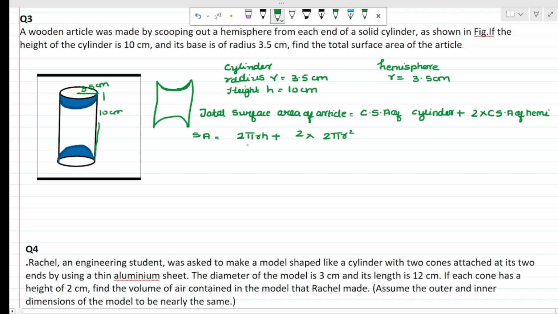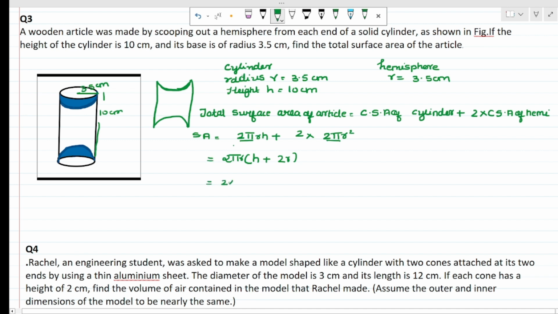Now what is common? 2 pi r is common. Taking it out, you are left with h plus 2 times r. So your new equation will be 2 pi r bracket h plus r.